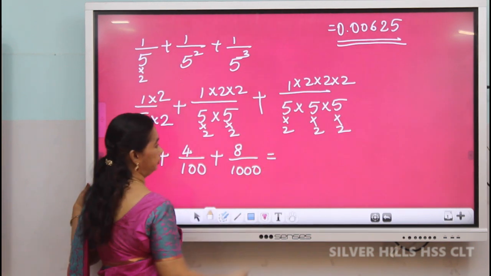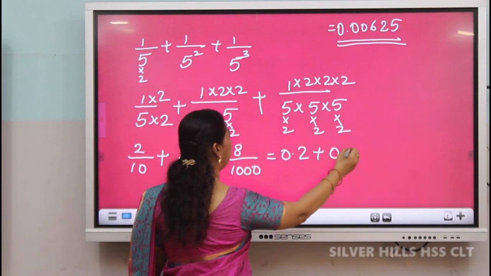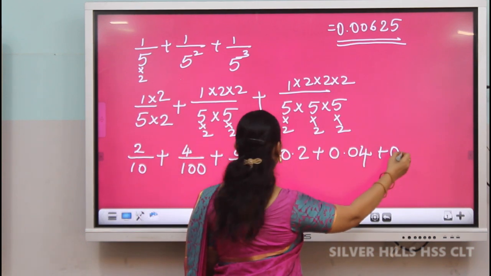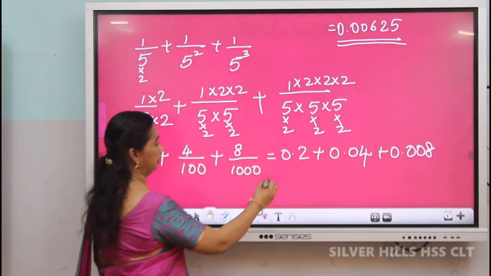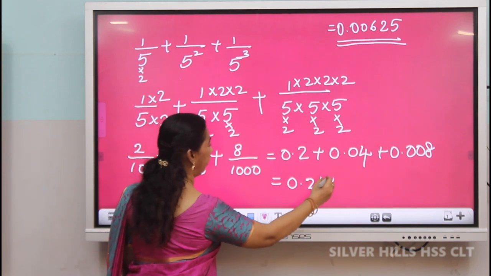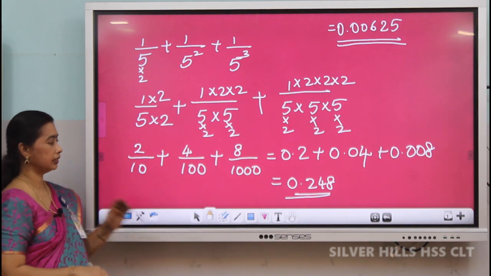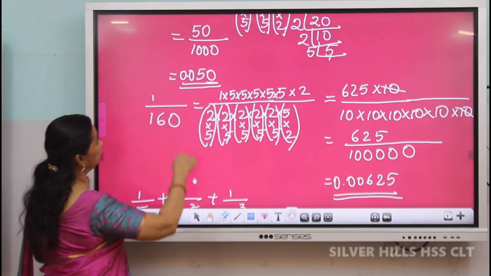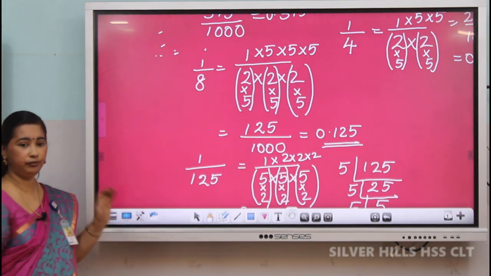That is equal to 0.2 plus 0.04 plus 0.008. Adding all this, we will get 0.248. So, you saw in all these previous examples, so many examples I have shown you here, that these are not in powers of 10.